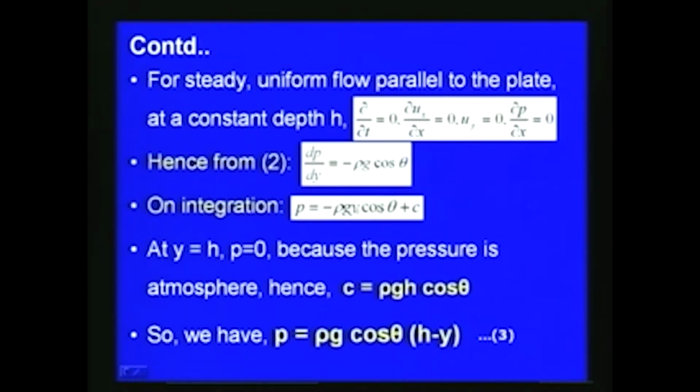To find this c, we will use the boundary condition. At y is equal to h, p is equal to 0 because the pressure is atmospheric. So, we can write c is equal to rho g h cos theta. Now if you apply this c in the equation, we get p is equal to rho g cos theta into h minus y.